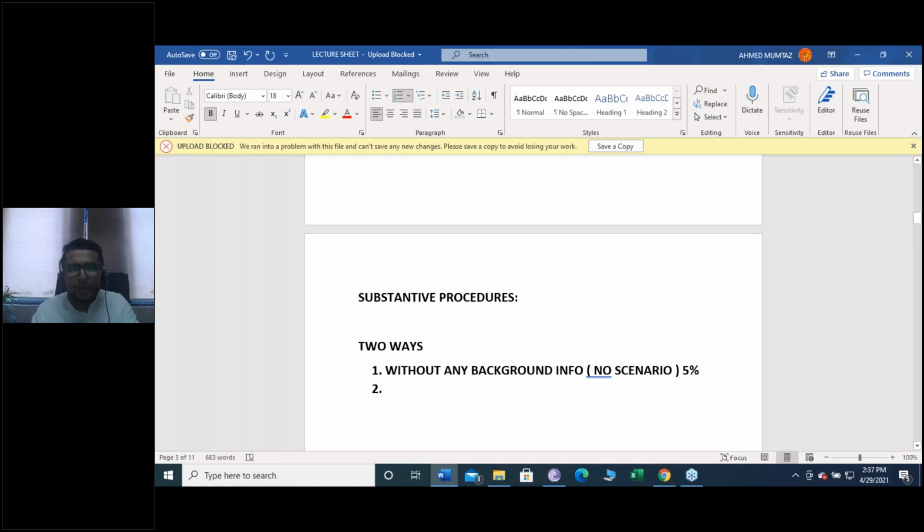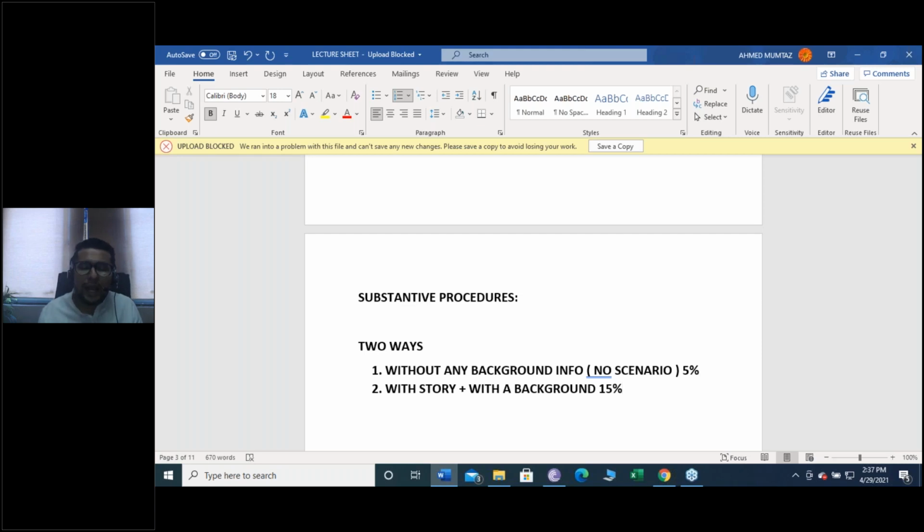On the contrary, the examiner is also going to ask you substantive procedures with a story, with a background information. And when the examiner is going to come up with a background, this will generally be approximately minimum 15 marks.